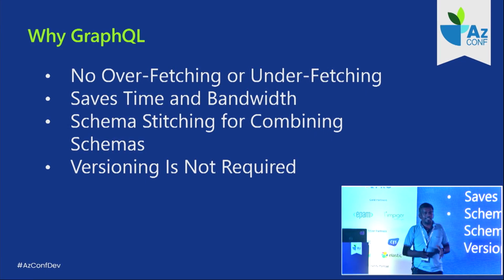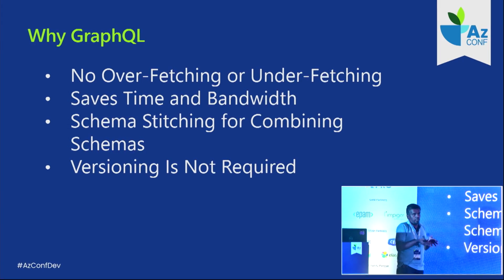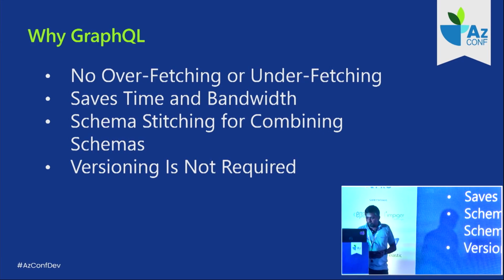That's a practice. But in GraphQL, if you look into the /graphql endpoint, there is no version information. So everything we can introduce as part of the GraphQL, and the client can decide, I don't need that field, I can skip it. That's the way versioning is not required.